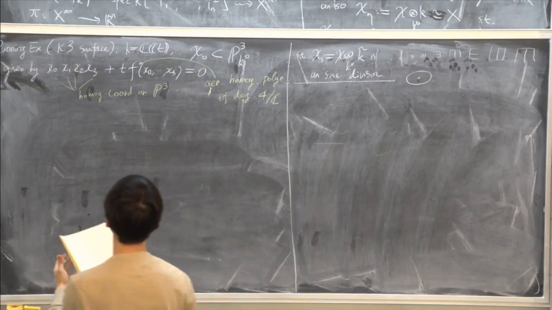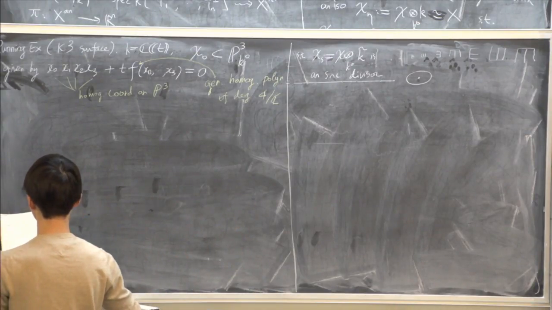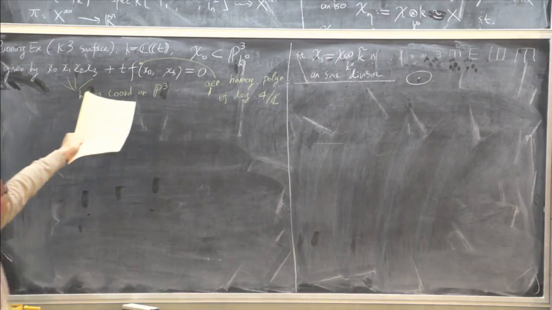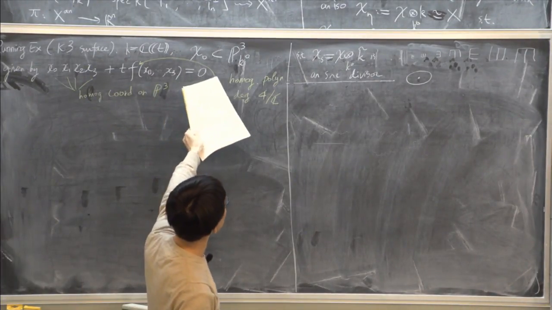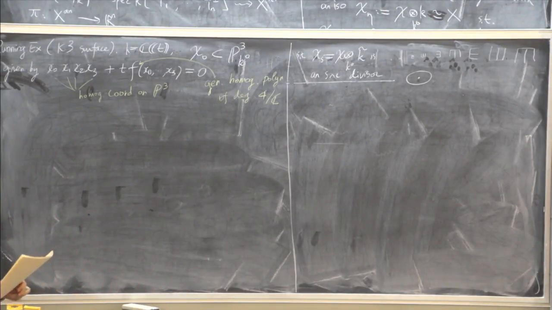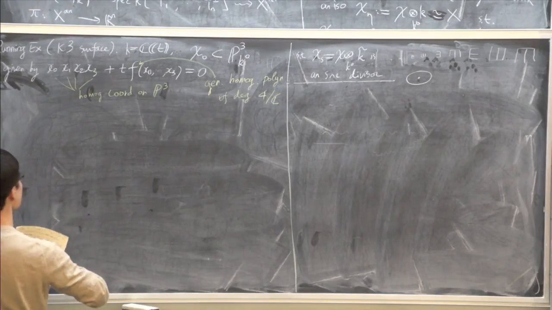Yes, but this X0 is not yet an SNC model because it's not regular. X0 contains 24 conical singularities.